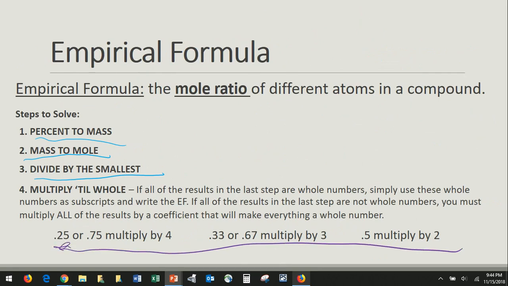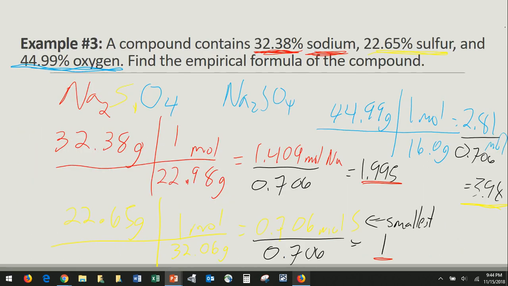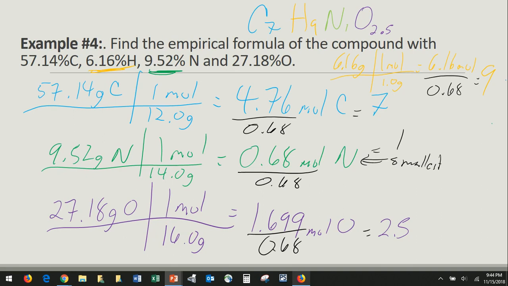So we are at a 0.5. So the idea is to multiply by 2, or you can just basically multiply by 2, then 3, and then 4, and see if that gives you a whole number. So in this case, we're going to want to multiply everything by 2 to get a whole number, and that'll give us C14H18N2O5, and that's the formula of our compound.